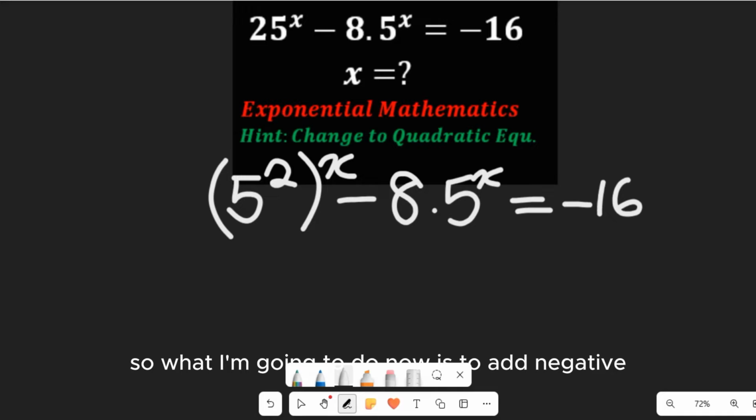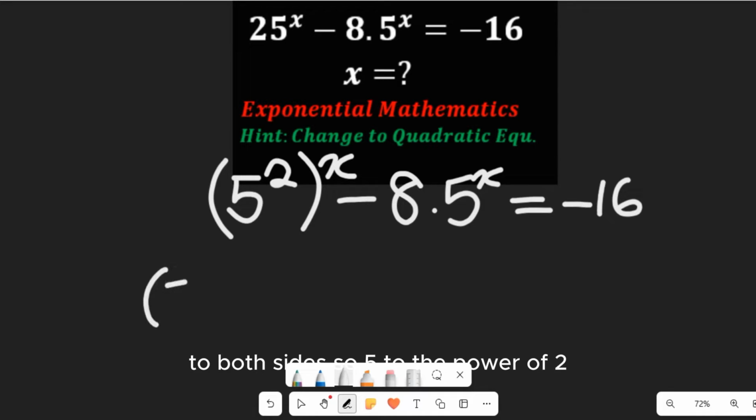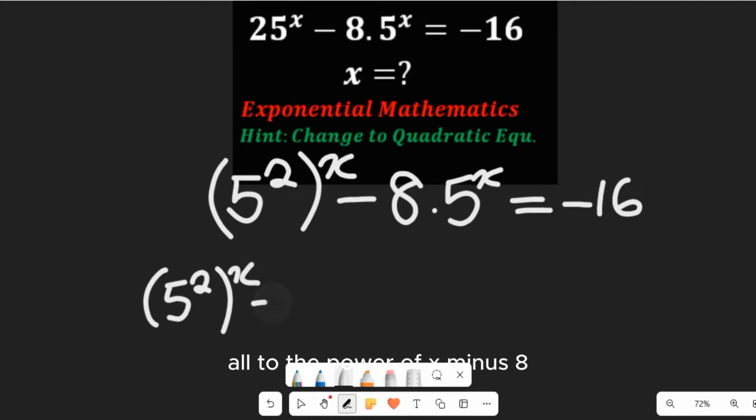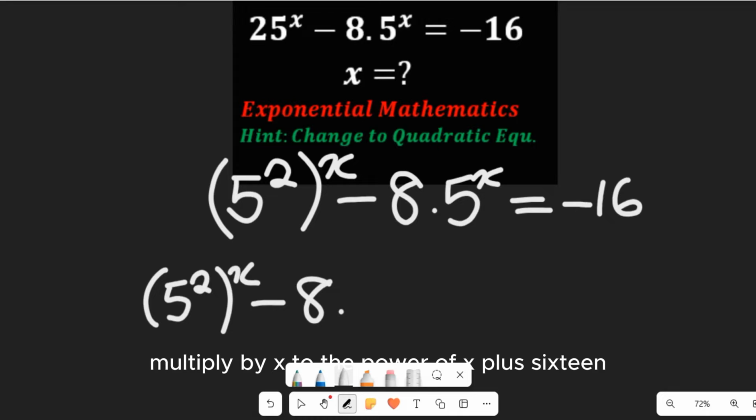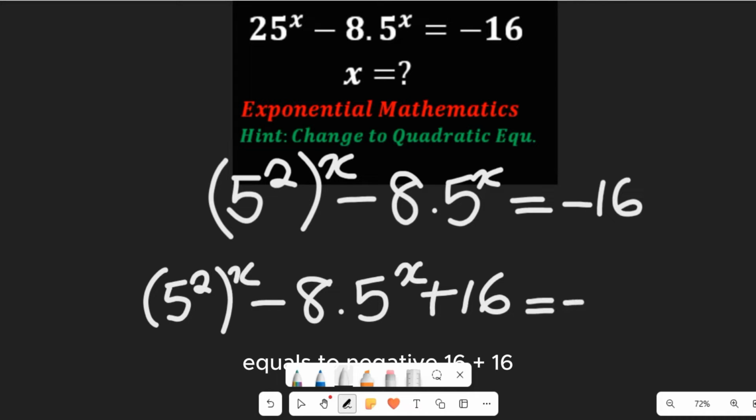What I'm going to do now is add 16 to both sides. So 5 to the power of 2 all to the power of x minus 8 multiplied by 5 to the power of x plus 16 equals negative 16 plus 16.